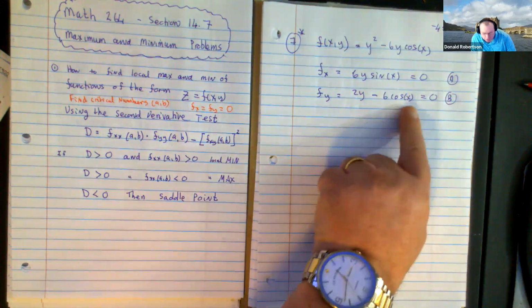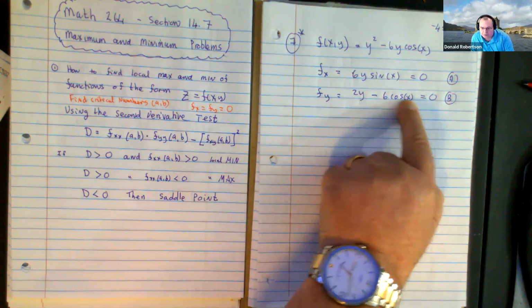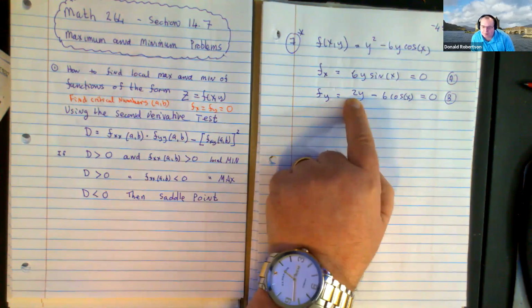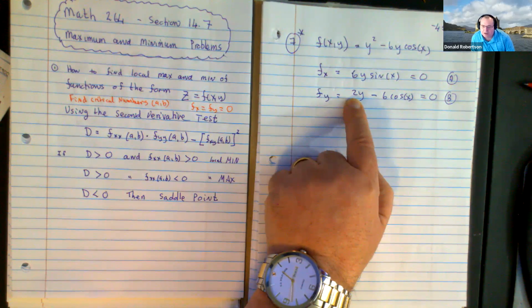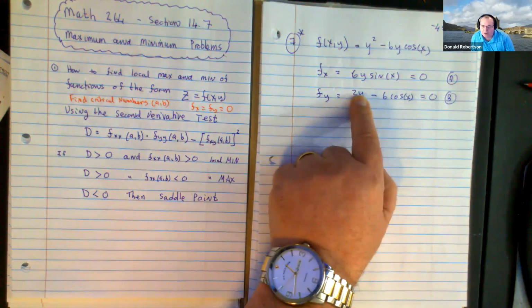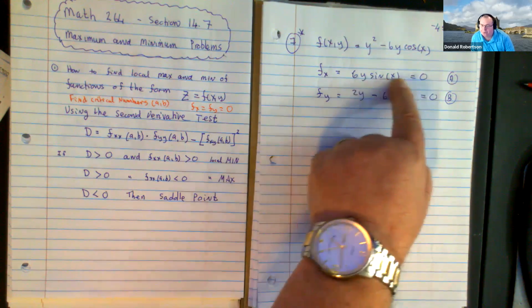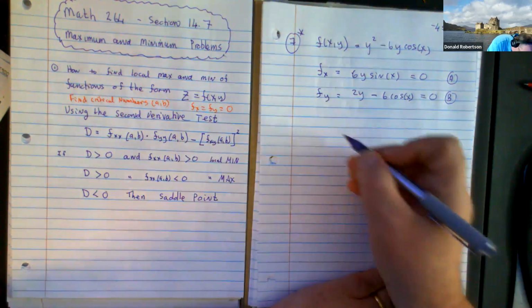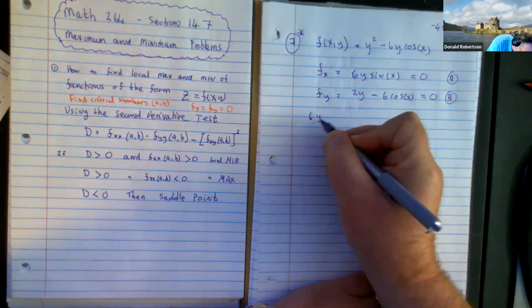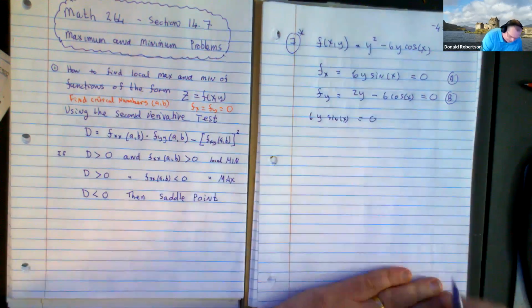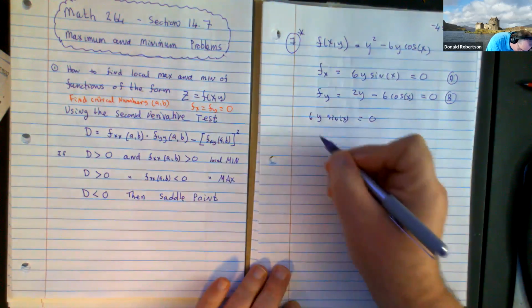I do not want to go anywhere near solving that guy, although I could if I tried, but I think it would be messy. I certainly wouldn't get a number, but I could rearrange that and tell you that y is 3 cosine x. I'm going to use this one. 6y sine x has to equal 0, and that generates 2 situations.